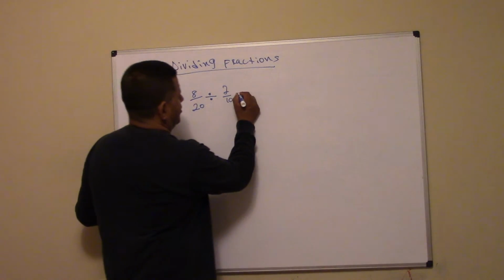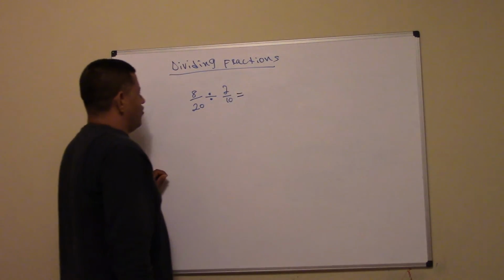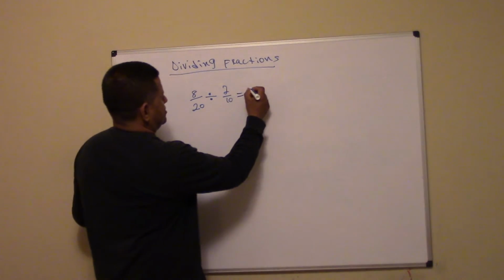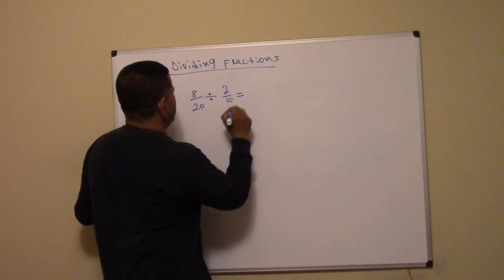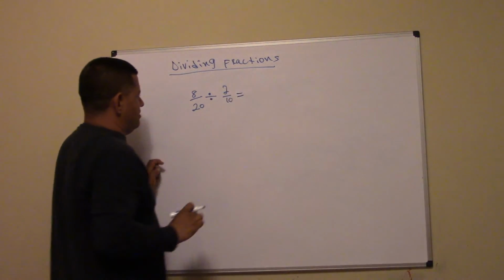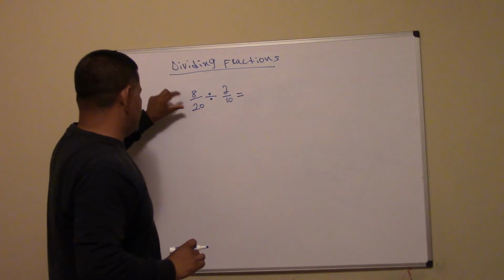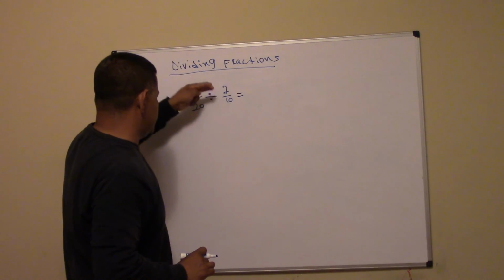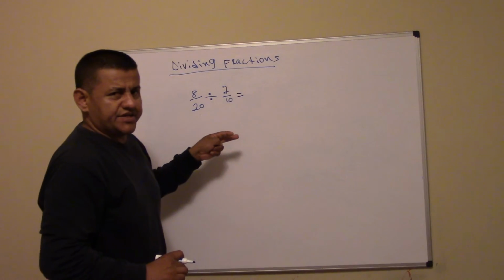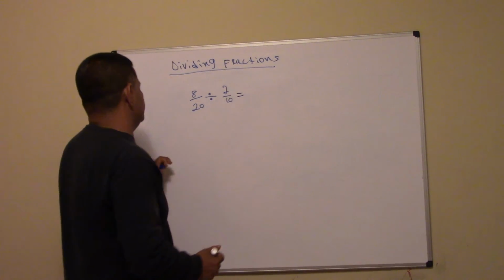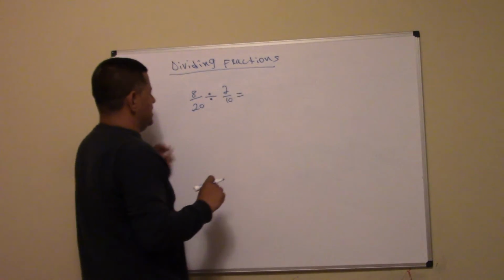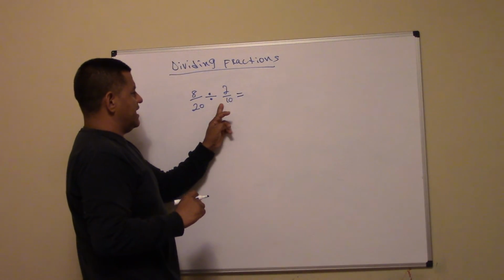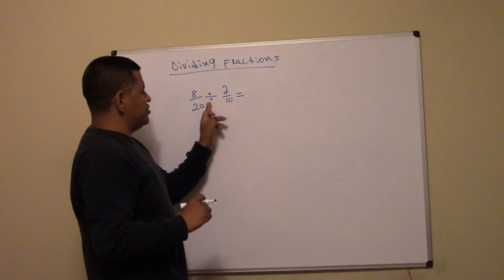So my step 1 is to flip the right side and change the division sign to a multiplication sign. Then I can do some cancellation.